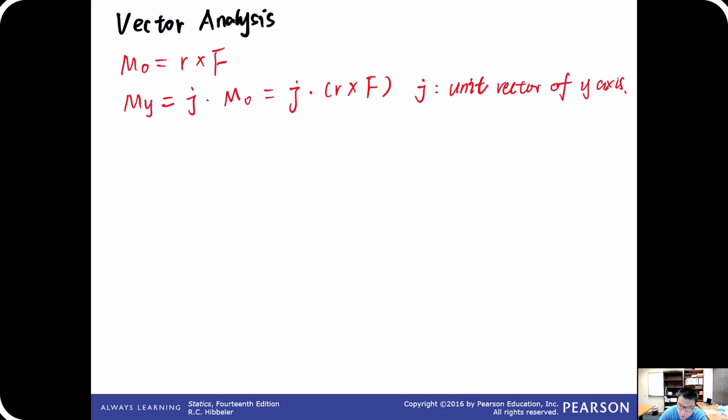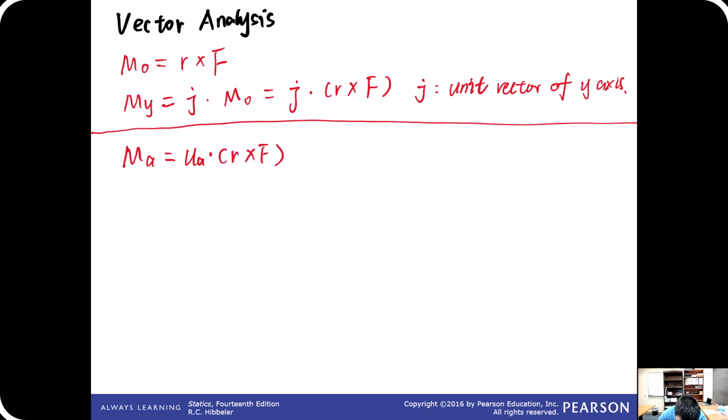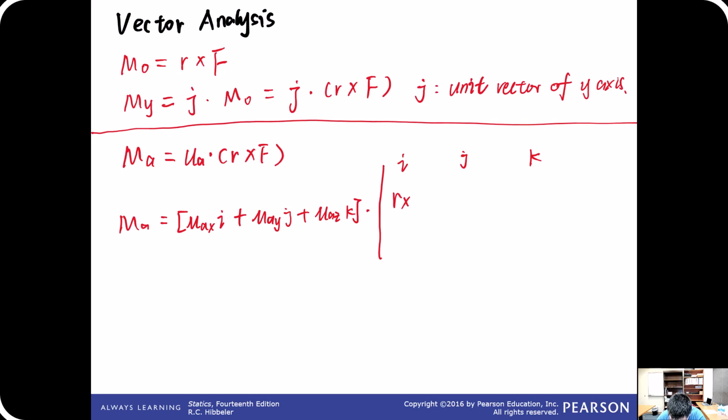So the equation will be Ma equals unit vector ua dot R cross F. Ma will be ua x i plus ua y j plus ua z k, dot the cross product of R with components rx, ry, rz and F with components fx, fy, fz.